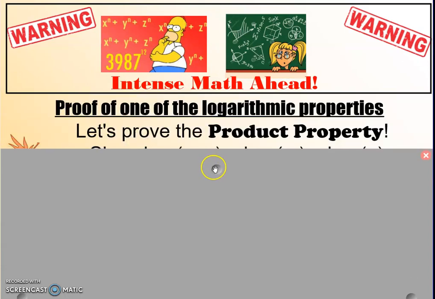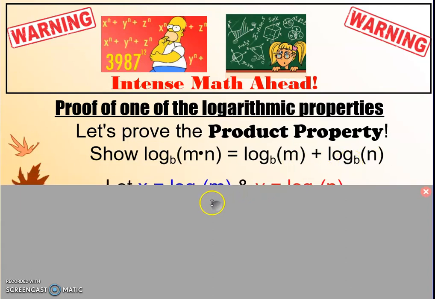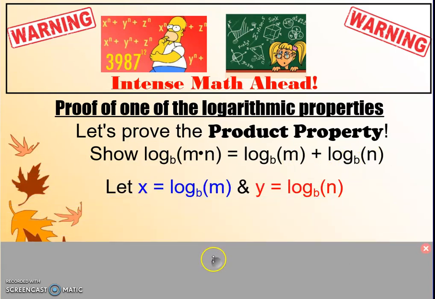So let's prove the product property. I mean, we don't have time to prove all of them. We'll just prove one. So let's show that log base b of the product mn is equal to log base b of m plus log base b of n. Just the logarithms are separate sums. So first thing I'm going to do is assign a variable to log base b of m and a different variable to log base b of n.